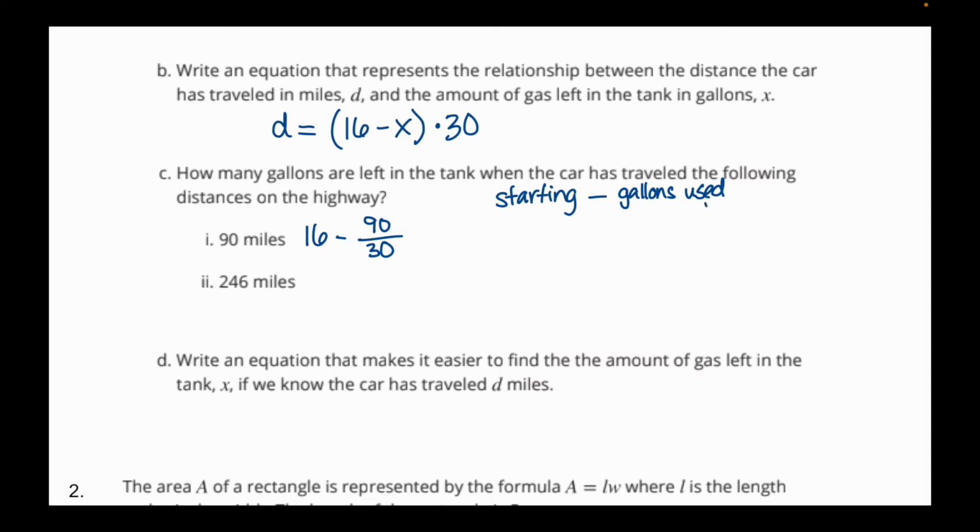And the way we're finding gallons used is by doing our distance, and we're dividing that by our miles per gallon, our MPG, or our fuel efficiency. So let's actually solve this one here. We're going to have 16 minus, and 90 divided by 30 is 3. So that would give us 13 gallons left.